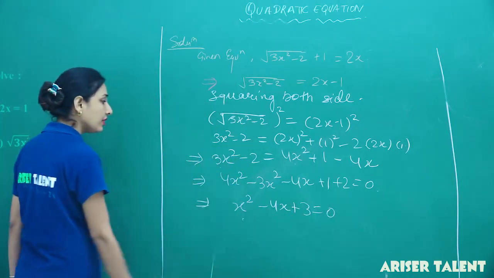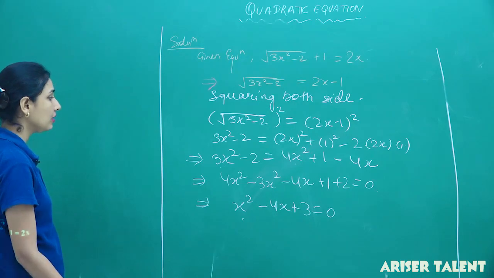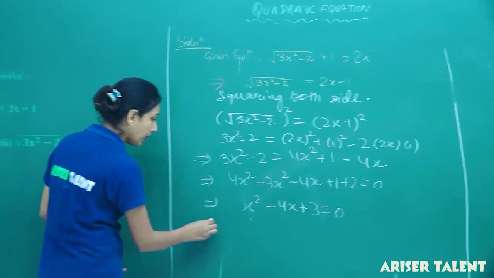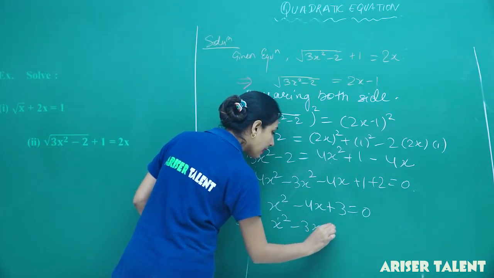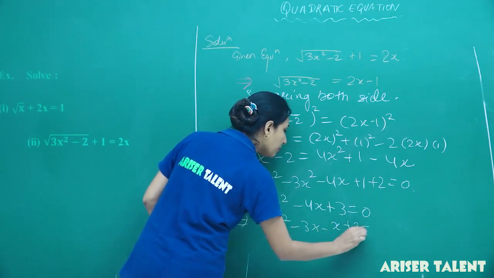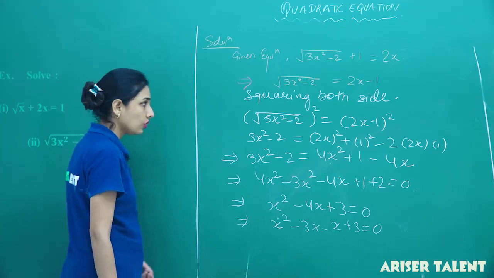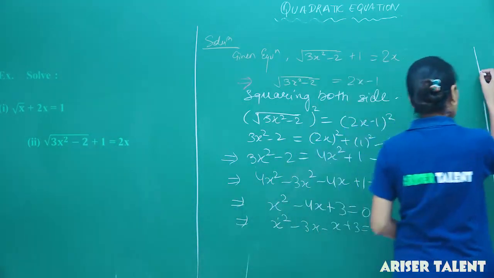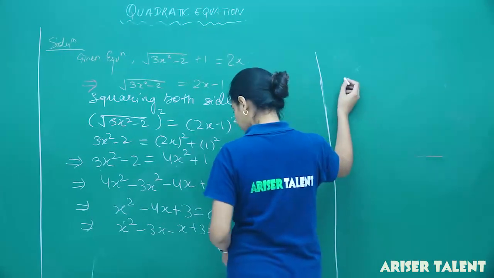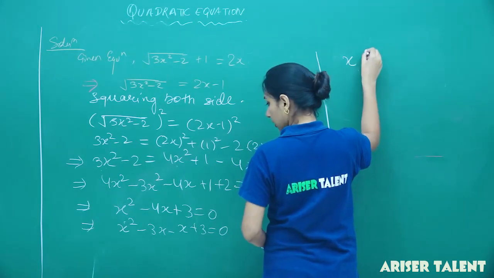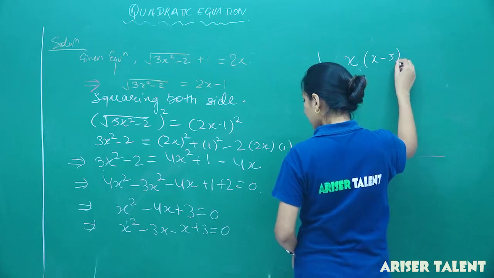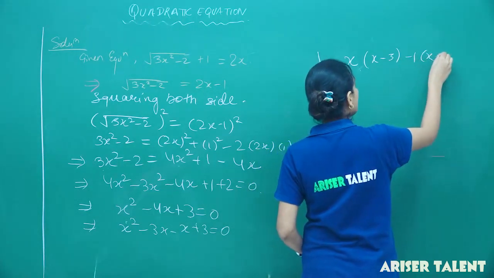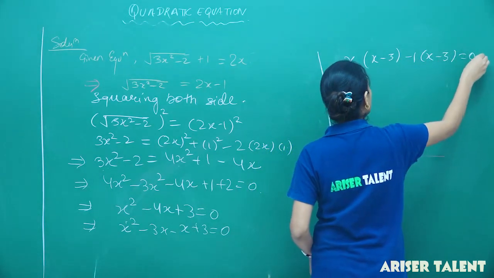3 multiplied by 1 is 3, and 4x. So that will become x square minus 3x minus x plus 3 equals 0. Again here, x in common and x minus 3 here, again minus 1 in common and x minus 3 here, equals 0.